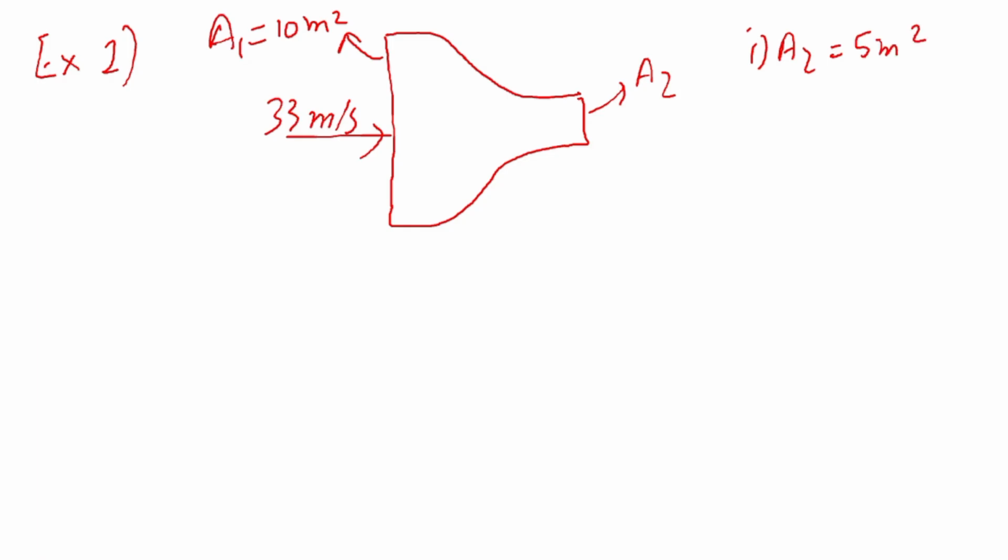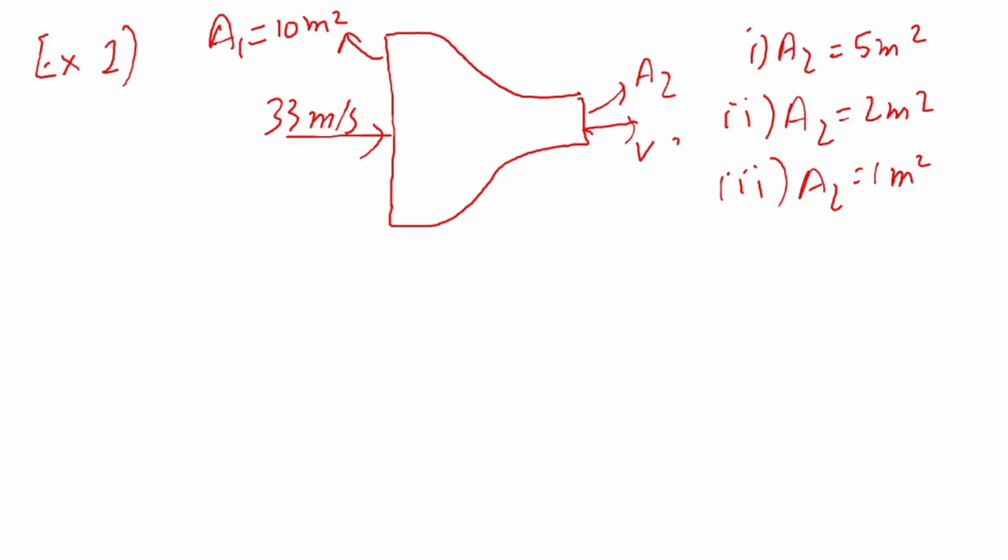In the second part, the area is 2 meters square. In the third part, the area is 1 meter square, A2 of the outlet, right? Our goal here is to find the velocity of the fluid coming out. What is this velocity coming out of the outlet, right?